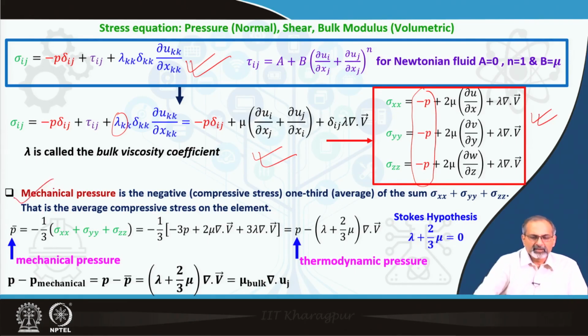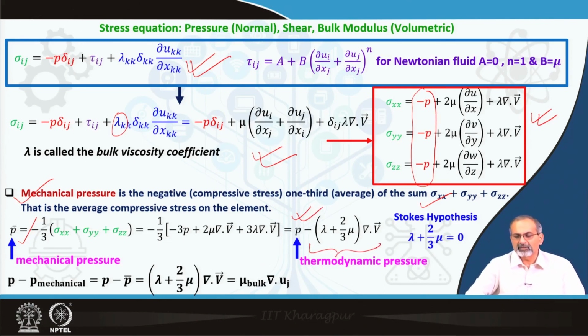When it comes to mechanical pressure, it is the negative or the compressive stress, which is 1/3 or average of the sum of the normal stresses, and that is the average compressive stress on the fluid element, which is represented by the P bar expression over here. And then we see that it can be represented in terms of the thermodynamic pressure and the additional term over here, which according to Stokes' hypothesis is set to 0.